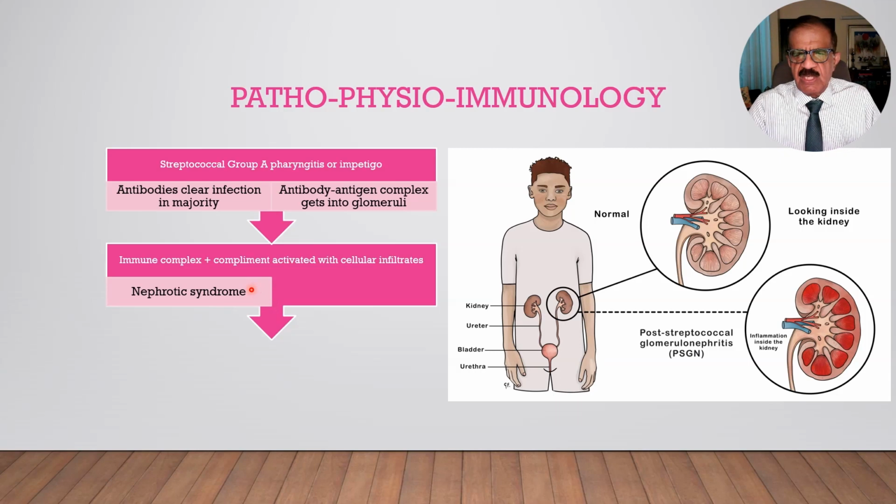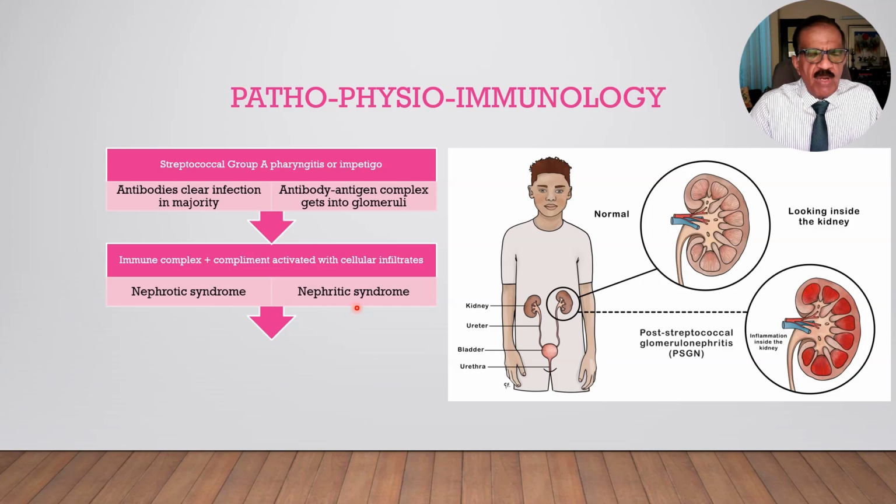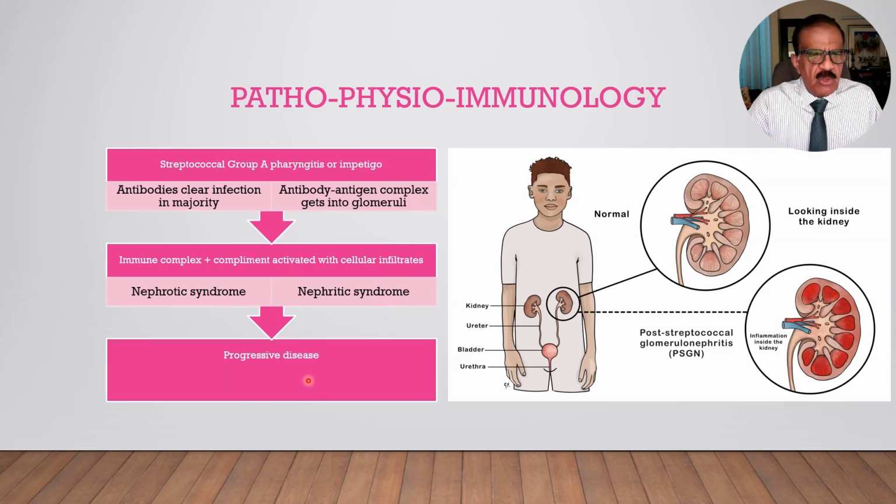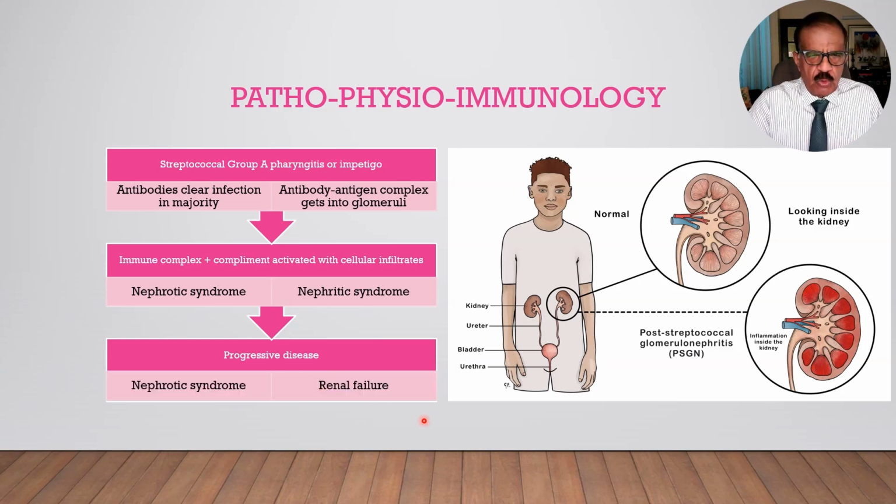Or it could result in nephritic syndrome, another condition where there could be hypertension, hematuria and rapidly progressive renal failure. Either of the two could result in further kidney damage, progress to end-stage renal disease, and require renal replacement therapy.